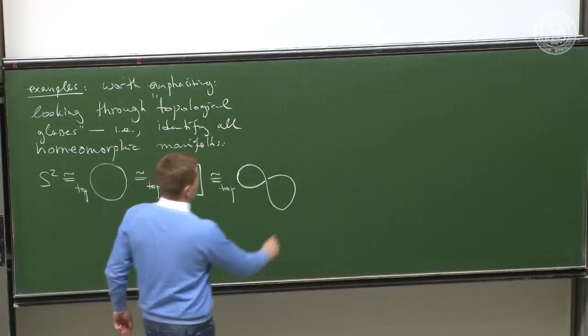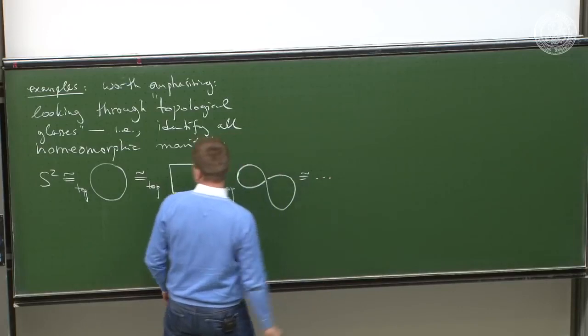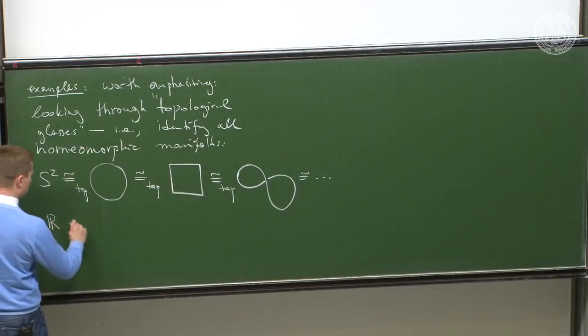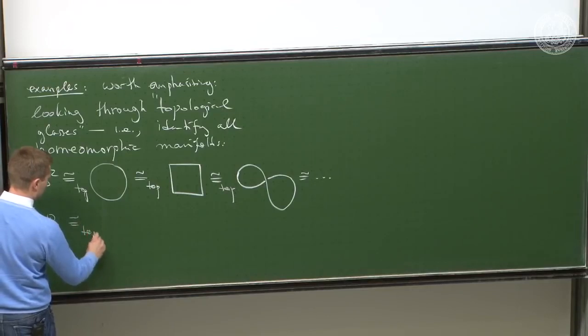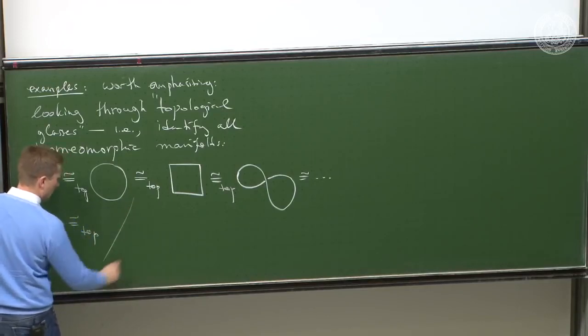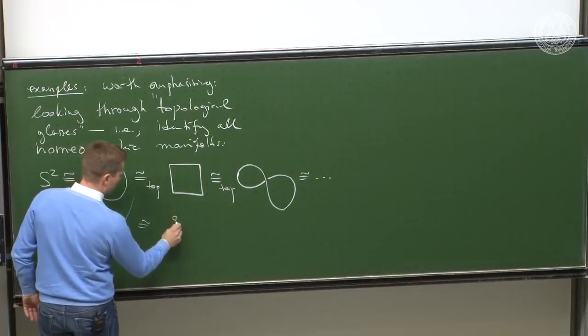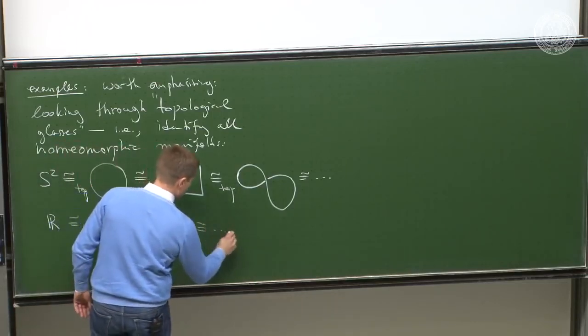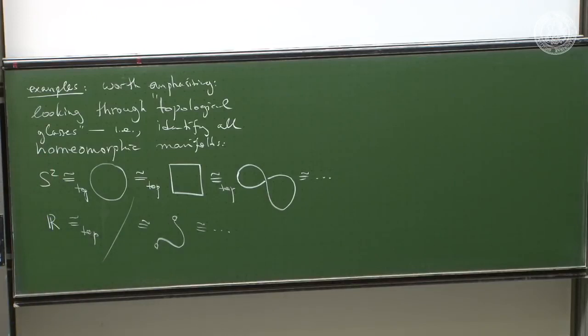So all these guys here, as topological manifolds, are this S2, and the real line, if you wish, is topologically equivalent. That's the whole line, but that's the same topologically as this guy, and so on.